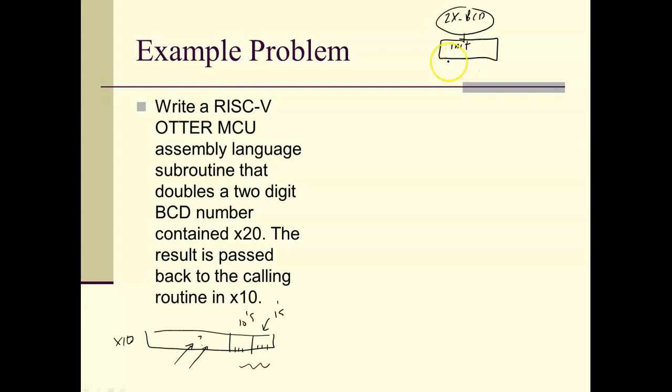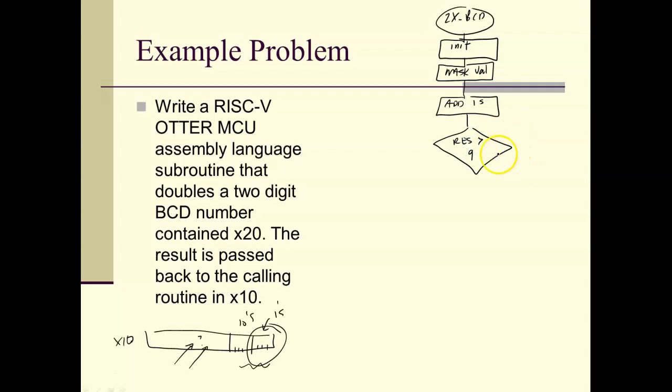And then what am I going to do next on this thing? I am going to mask the value, and you see I need to make sure I'm only working with that part, and then I'm going to add them, and then I'm going to see if the result is greater than 9.